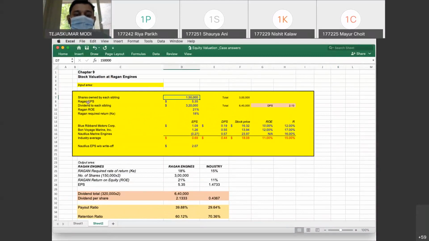The EPS of our company, Reagan, is $5.35. Dividend distributed to each is 3,20,000, so total 6,40,000. So I can say dividend per share is 2.13, that is total dividend divided by the number of shares, 3 lakh.